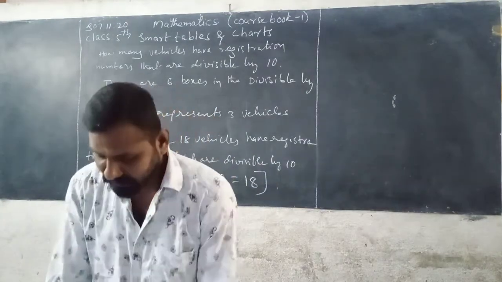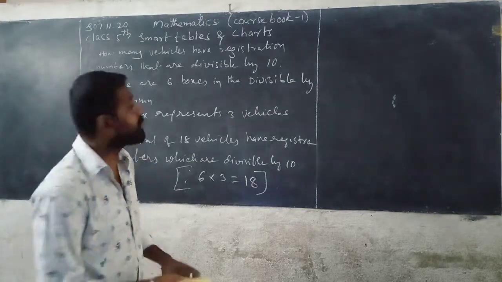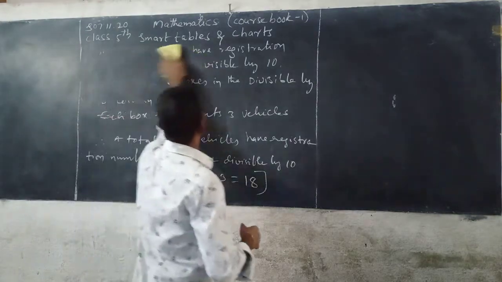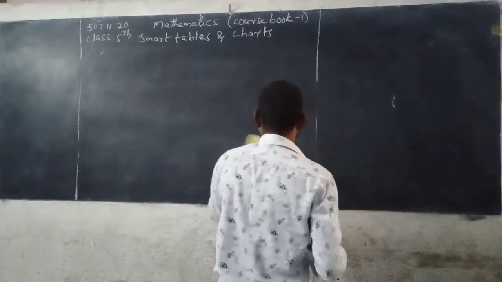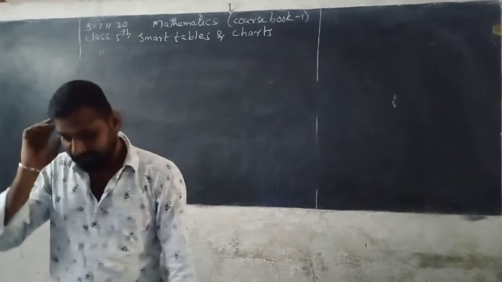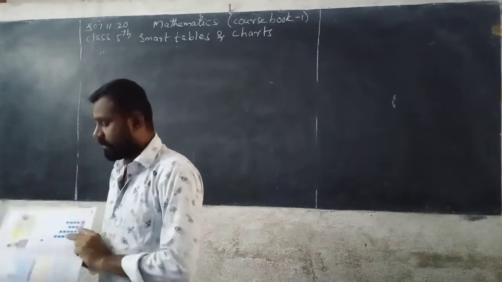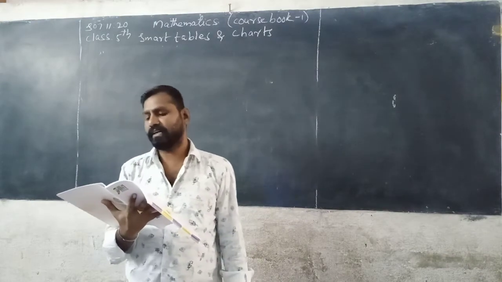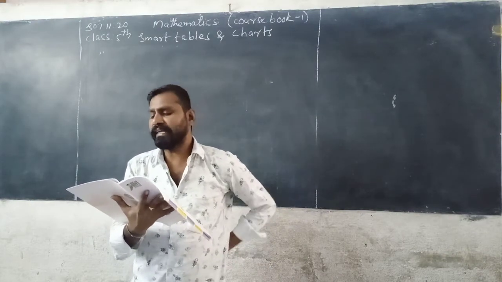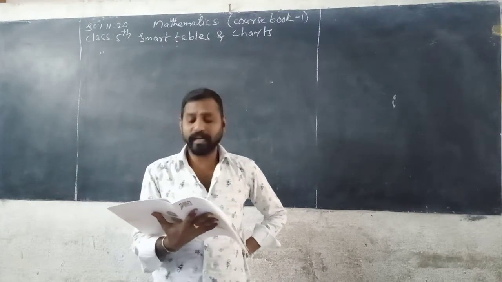Now next, look at the following example to make a box chart. This is very important. Listen carefully, beta. I can explain. See here. A school is planning a picnic for its students.